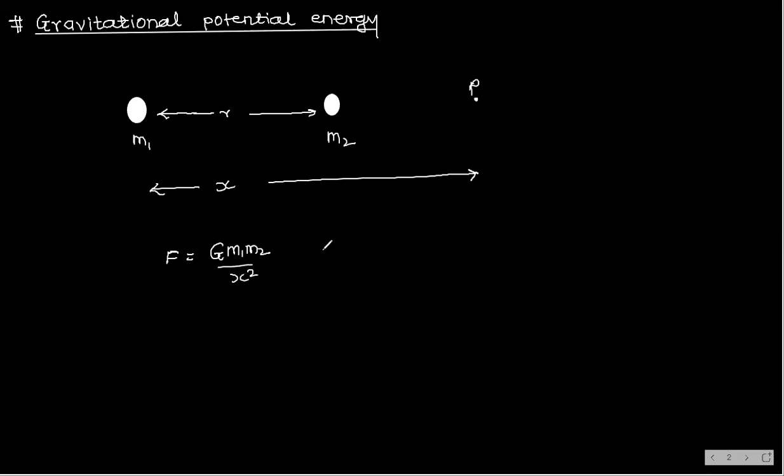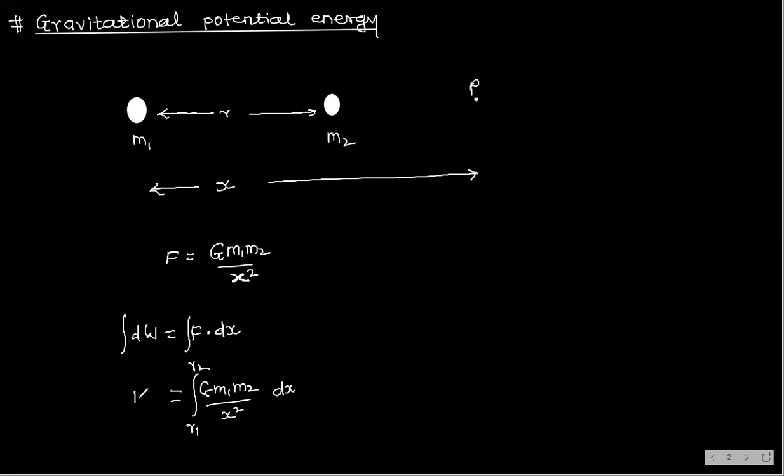Now if I want the work done, W is equal to F into dx. So this is dW. Now if I take integration, F is G m1 m2 by x square into dx, with the integration from r1 to r2.